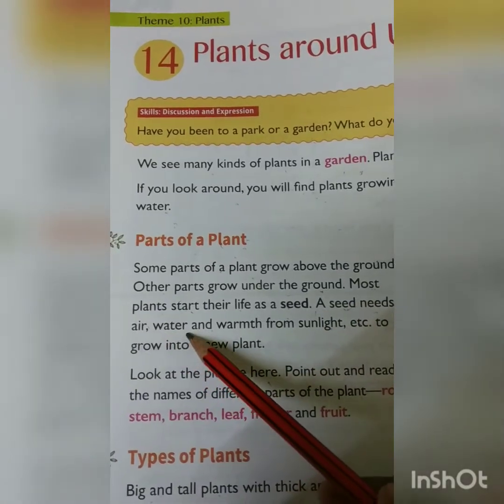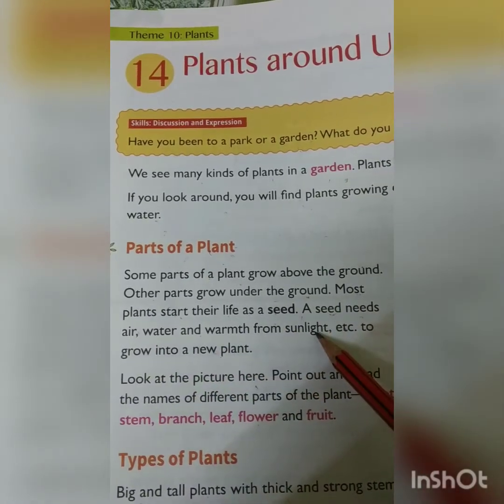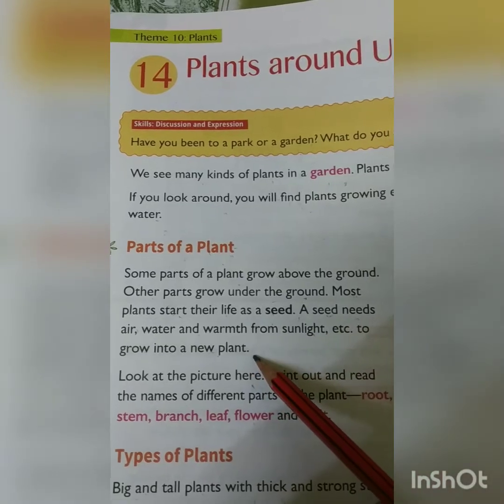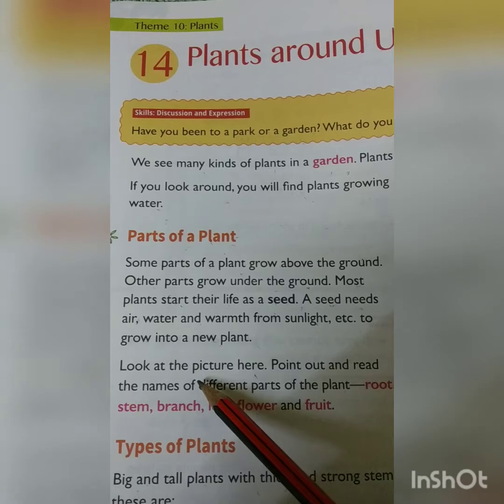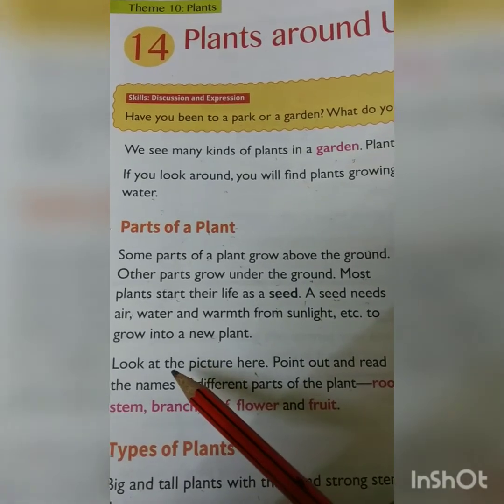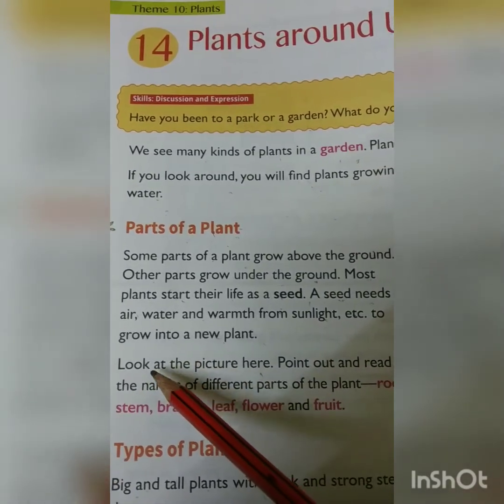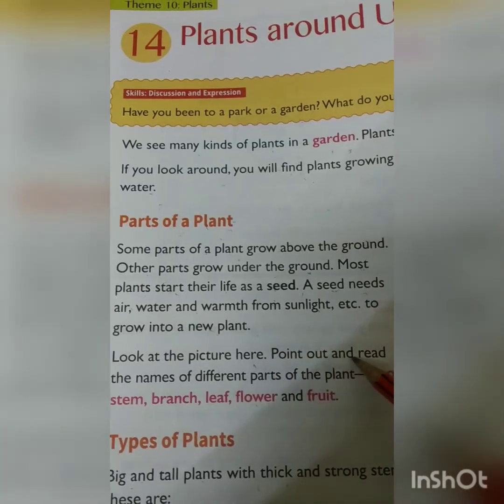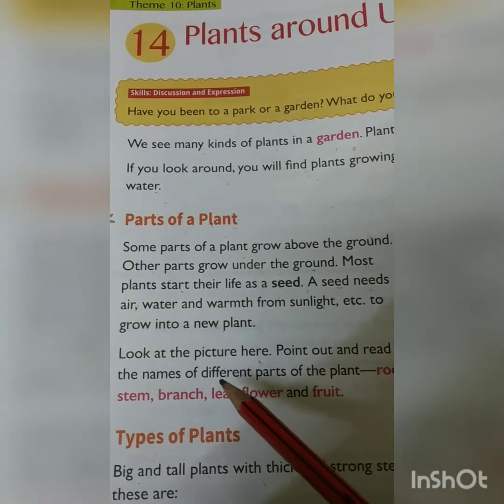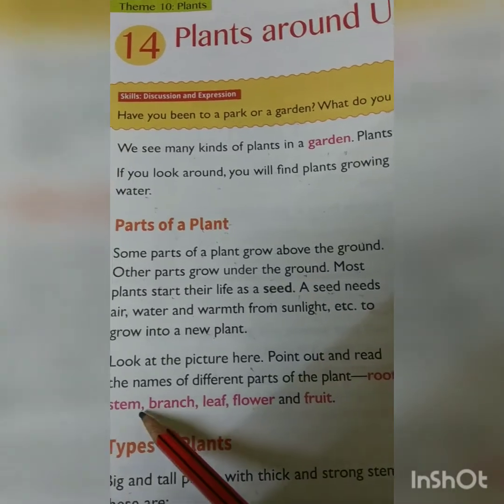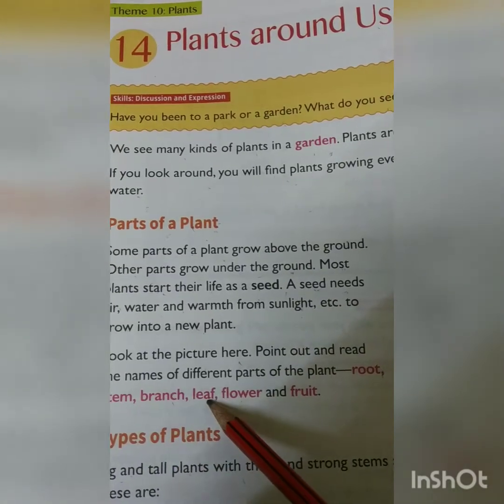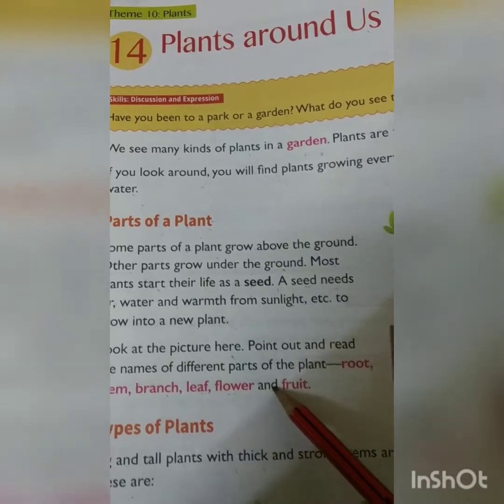They need air, water, and also sunlight to grow into a new plant. So now we will see what parts a plant has. Let us look at the picture and see the parts a plant has, like root, stem, branch, leaf, flower and the fruit.